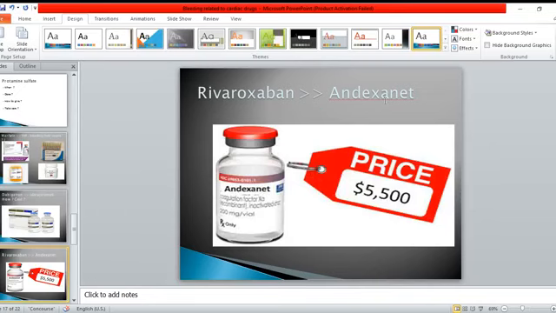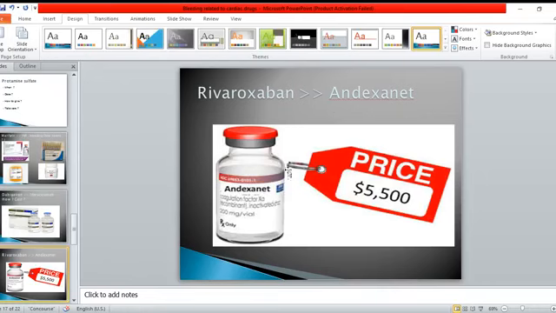Andexanet is a recombinant activated factor 10. It's used for Rivaroxaban and apixaban. So it's not used, for example, for injectable factor 10 inhibitors like fondaparinux or enoxaparin. It's only used for oral factor X inhibitors like Rivaroxaban or apixaban.